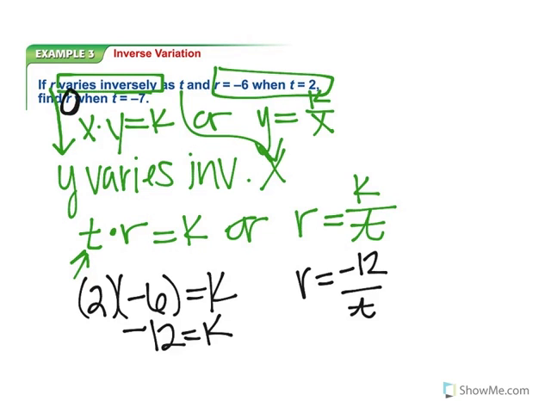And we're trying to find r when t is -7. We know that k is -12, and we're dividing by -7. Unless you want a decimal, this is as reduced as it can be. A negative divided by a negative is a positive, so our answer is 12/7.